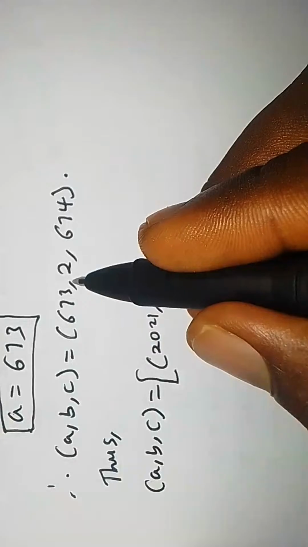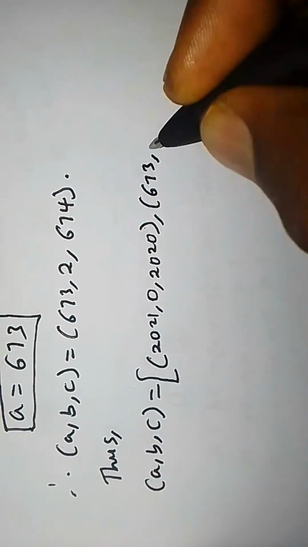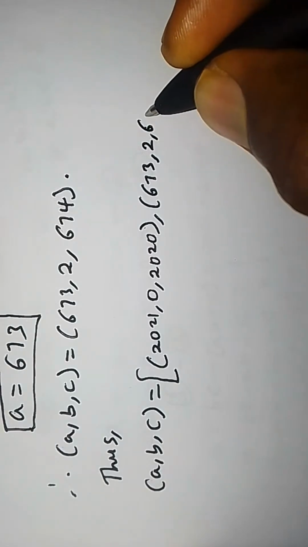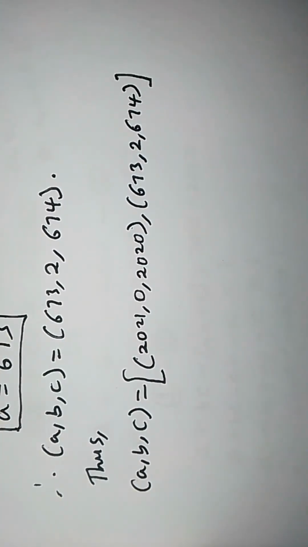The second solution that we obtain is 673, 2, 674. But if we can verify these solutions, that is, confirm if they are correct, it is very good. So let's verify it.